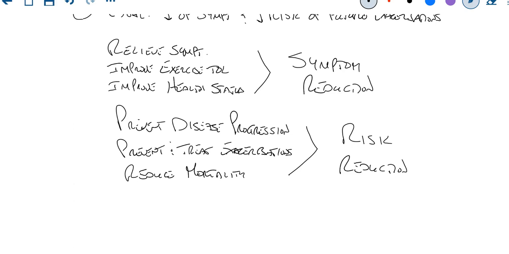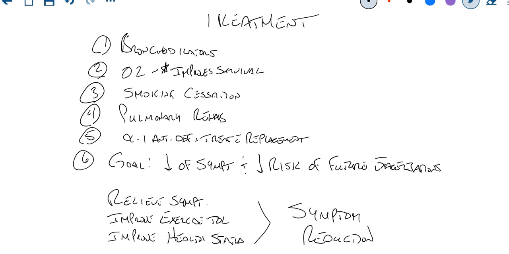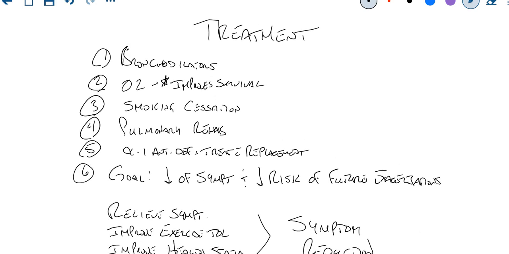Other things that you want to consider overall in this whole grand scheme of treatment and reducing symptoms and decreasing risks of future exacerbations. Things you want to be considering is, of course, you want to make sure that these folks are getting vaccinated. Influenza and pneumococcal are paramount in this subset of patients.